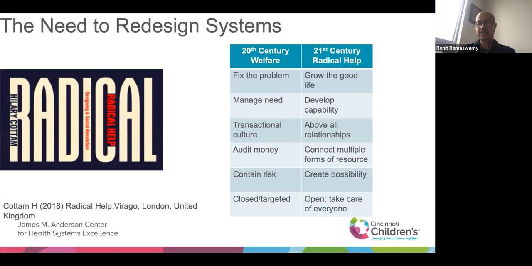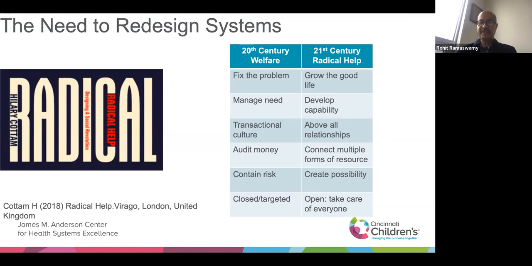A lot of the work is closed and targeted. How do we begin to think about expanding this to what she calls radical health, from a welfare system, which focuses on a deficit lens, to a radical health system that actually focuses on a strengths lens. So think about being able to transform systems from fixing problems to enabling them for growth.